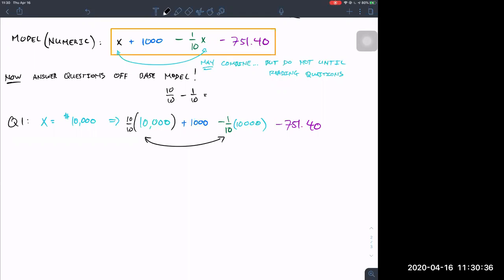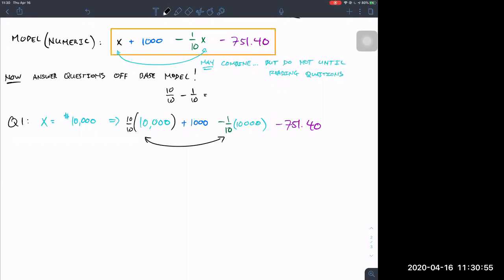Okay, so let me calculate this out for you, unless you have the answer already, which is fine. Minus 1/10, which is 0.1 times 10,000, minus 751.40.